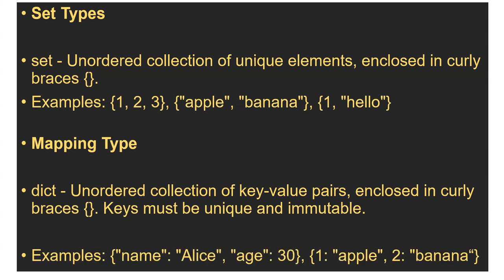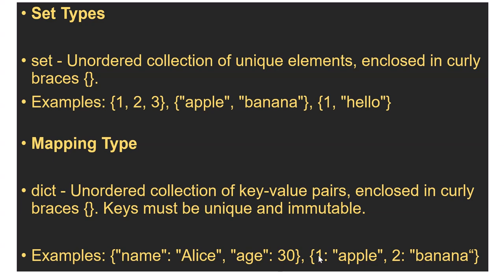This is an example of a dictionary whereby we have a key and a value. The key is name, then a colon, then you give it a value. Alice is now the value. Items have to be separated by commas. Another key is age, and the value is 30. Good.